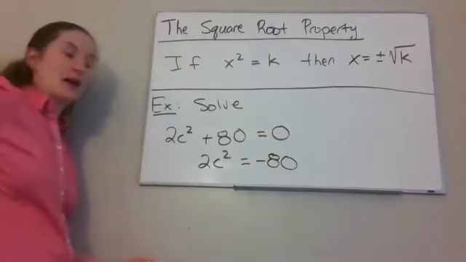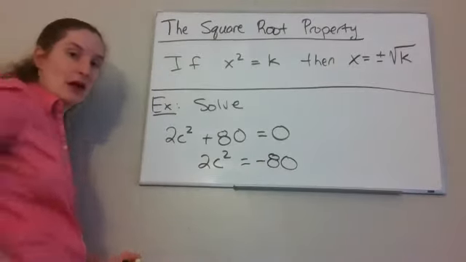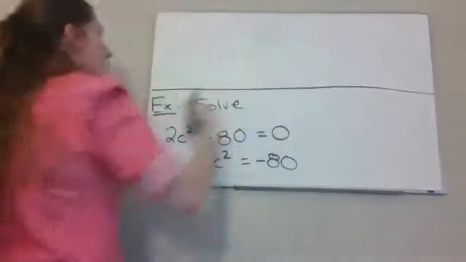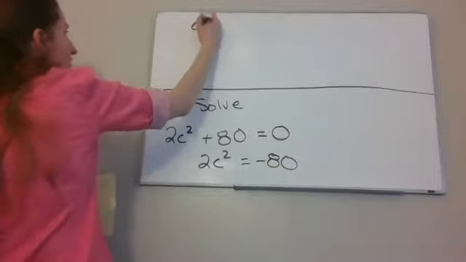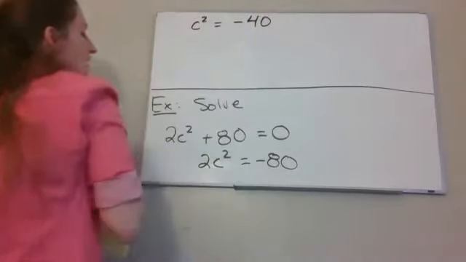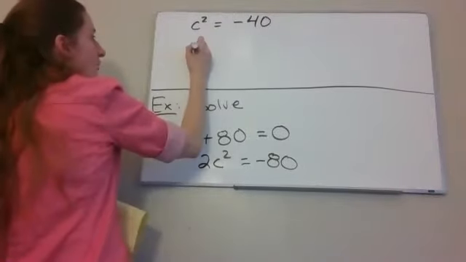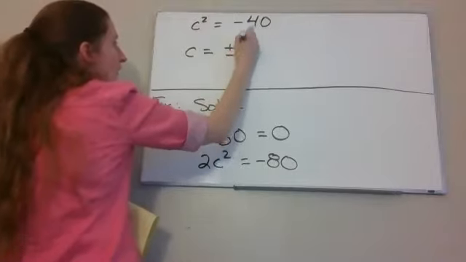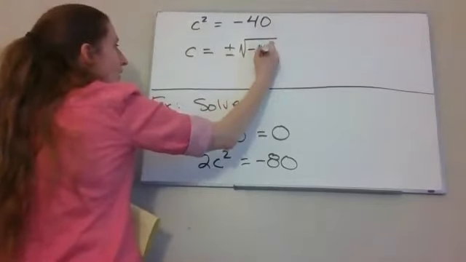And then I'm going to divide by 2, and then it will be in the proper form. So when I divide by 2, we get c squared equals negative 40. And now I'm ready to take the square root of both sides. And I get c equals plus or minus the square root of negative 40.